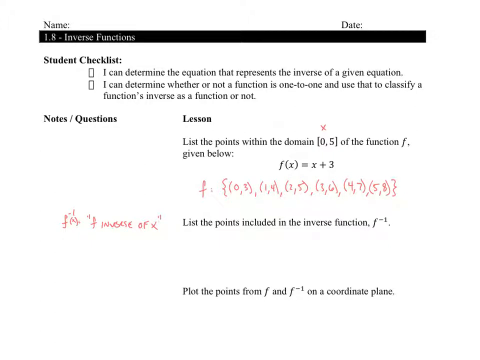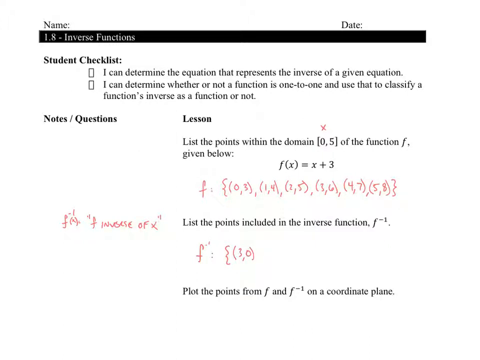When we have the inverse of a function, what we're going to do is take each point within the domain of the function and just flip them. All right, so the first point here, the point (0, 3), if I want a point that's within the inverse, the first point that I could put here would be the point (3, 0).